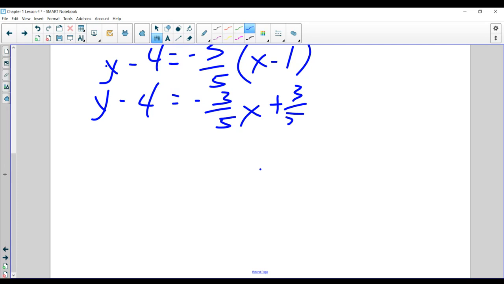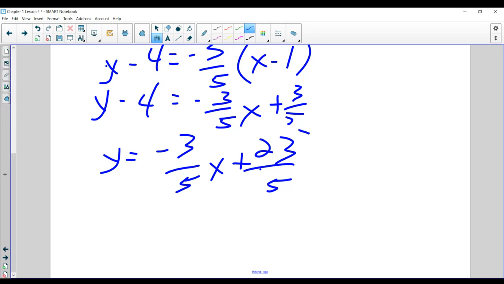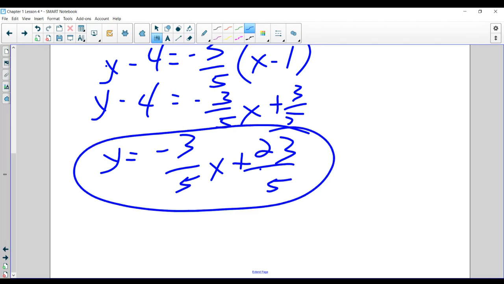Add the 4 to the other side, so that would be adding 20 over 5. You can use your calculator to do those things; I'm just doing them in my head. So 20 over 5 and 3 over 5 would give you 23 over 5. Don't make those things decimals. Just leave them as fractions. It makes it simpler.